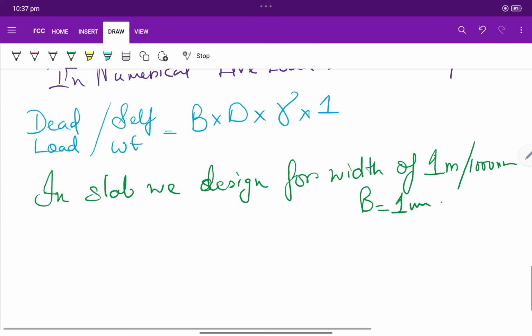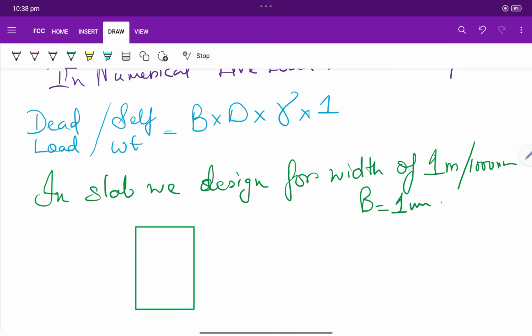If this is the slab, we will design it for a strip of width 1 meter.